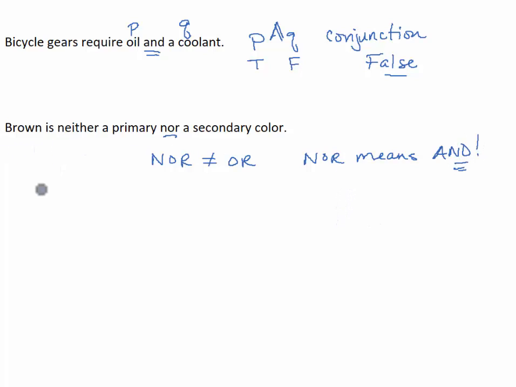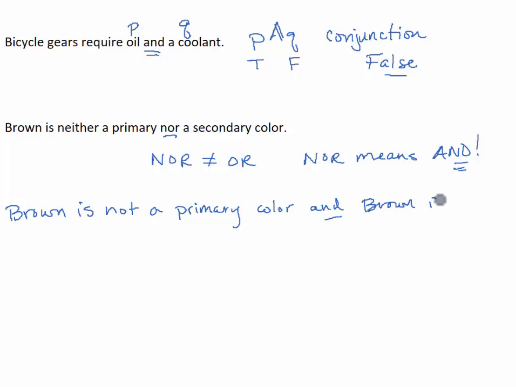So I could rewrite this as brown is not a primary color and brown is not a secondary color. Okay, so this is my P statement. This one is my Q statement. So I have P and Q. It's a conjunction.